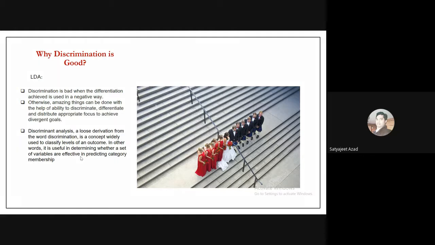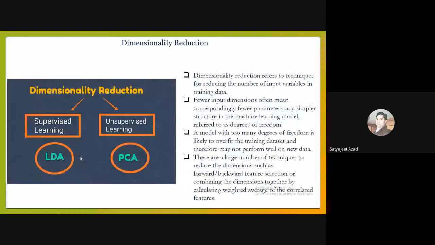Now there is something called dimensionality reduction. In dimensionality reduction, you are trying to reduce the dimensions. For example, for giving a loan, if company XYZ uses, let's say, 10 features to decide whether to give a loan to a person or not, those 10 features could be 10 dimensions.